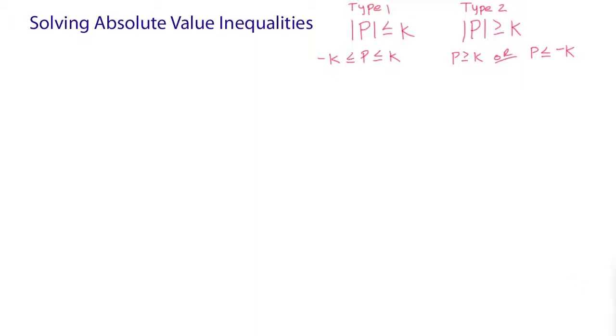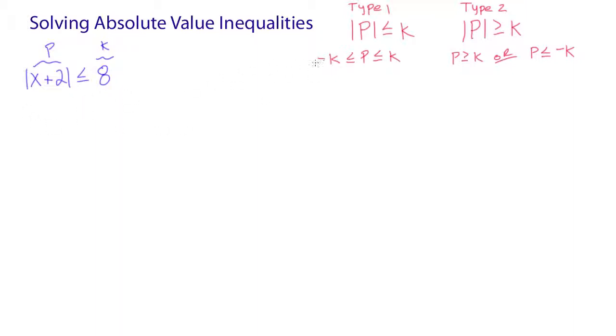Okay, now let's try a type 1 problem. Let's say the absolute value of x plus 2 is less than or equal to 8. So x plus 2 is going to be P, while the 8 is going to be K. And because it's less than or equal to, pointing to the left, it's a type 1 problem.